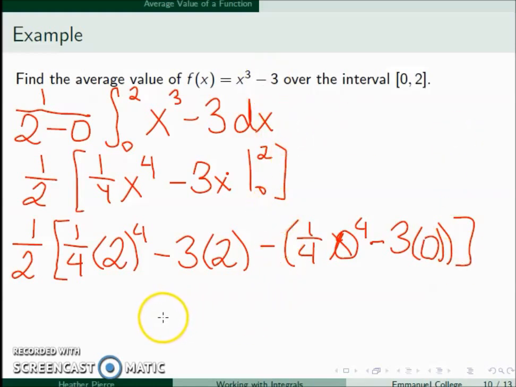Evaluating this gives us an average value of negative 1.